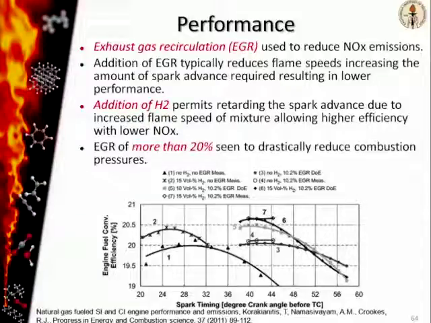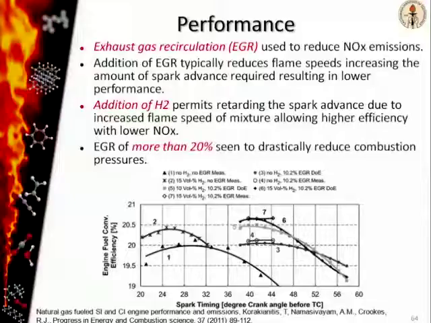This causes an issue with good combustion efficiency, because if you have a low flame speed, you have poor combustion efficiency and excessive emissions of unburned hydrocarbons. So if you are using EGR, you have to add hydrogen into the engine so that you can get your flame speed back up and don't lose out on combustion efficiency. There are trade-offs associated with these different strategies, which have to be followed in order to maximize the performance of your engine.